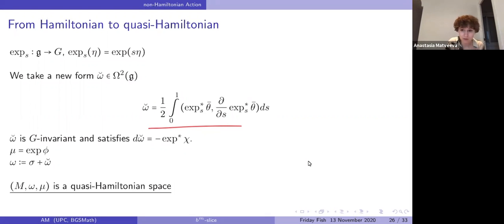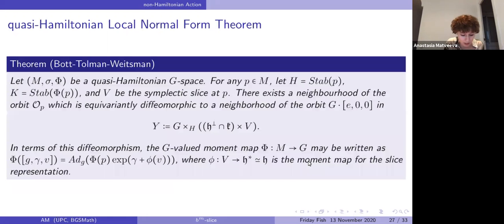The moment map will just be exponentiated, so you bring it from the Lie algebra dual to the group. And then what you get is a quasi-Hamiltonian space. We'll need this statement a little bit further, because what we want to do now is to look at the quasi-Hamiltonian local normal form theorem proved by both Tolman and Weitsman.